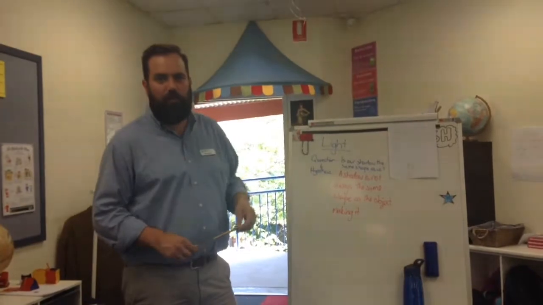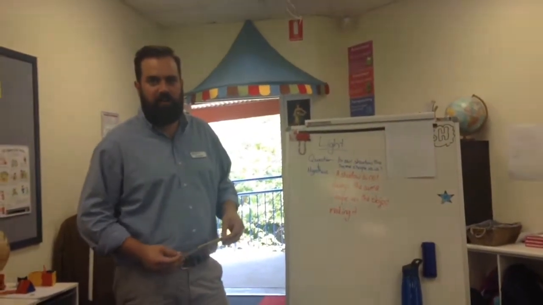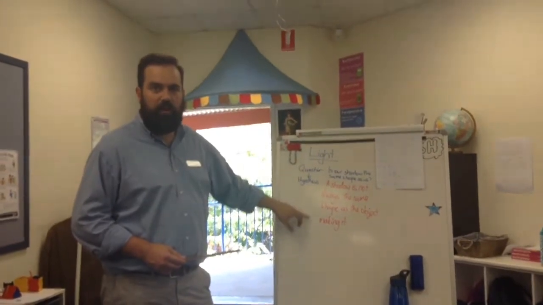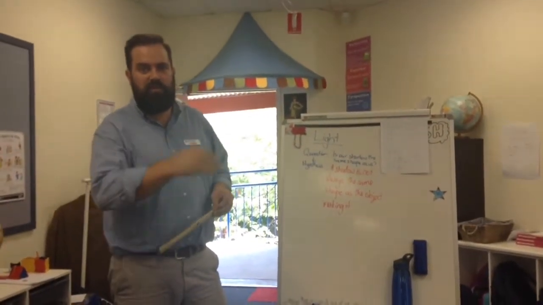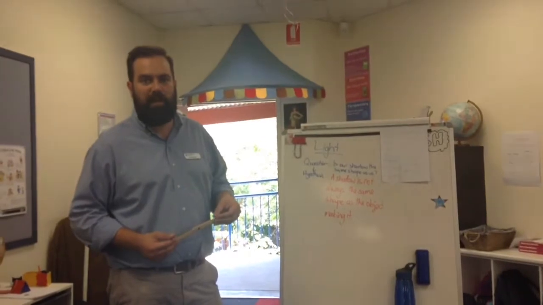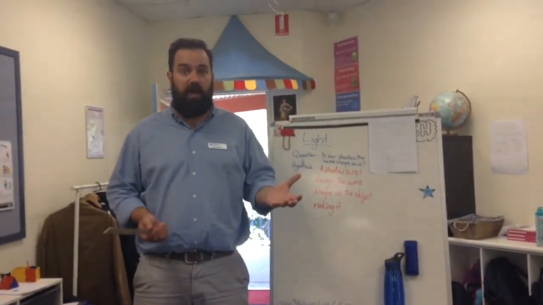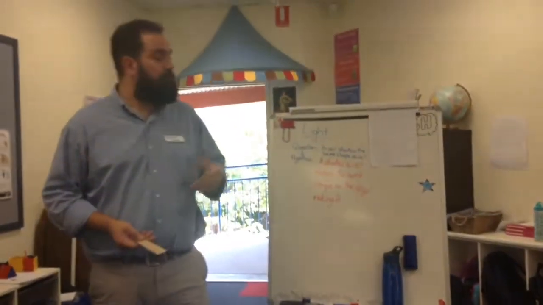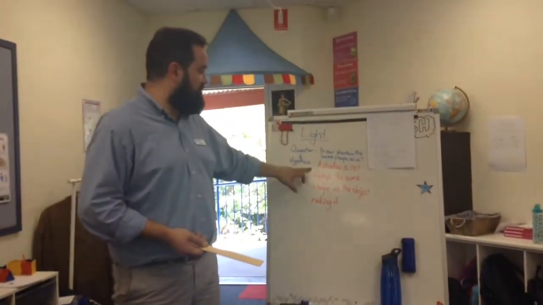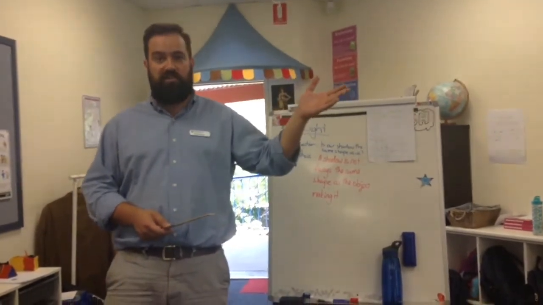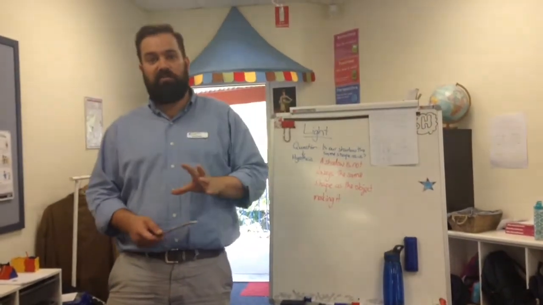So back at the drawing board, there was some heated discussion within 5H about whether our hypothesis has been tested using the method that we've been coming up with and refining. And it actually ended up being 50-50 within the class. Half of the class thought, yes, we have proven that the shadow is not always the same shape, because sometimes the shadow was the same, sometimes it was different.